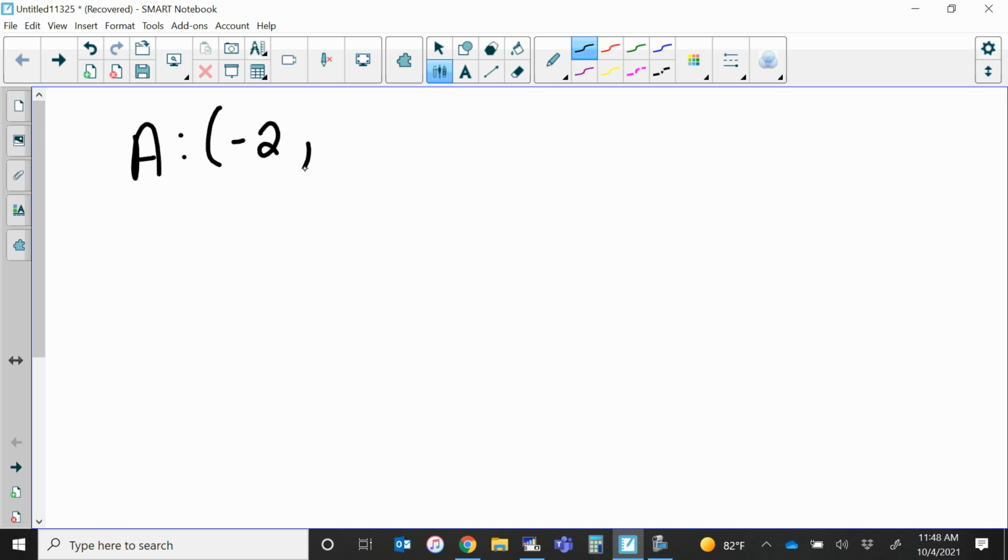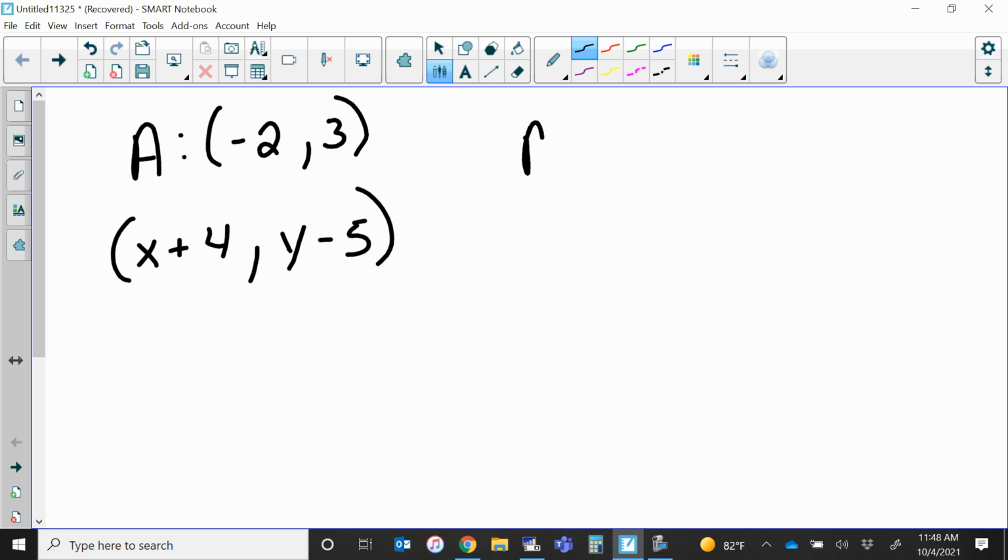We have a worksheet that's going to be on this, and it'll look similar to what I'm doing right now. So this is A, and A is -2, 3. And I want you to translate it by doing x plus 4 and y minus 5. And I want you to give me A prime.